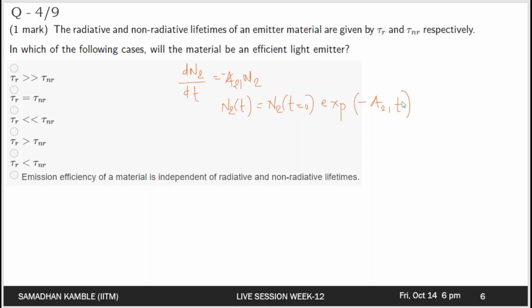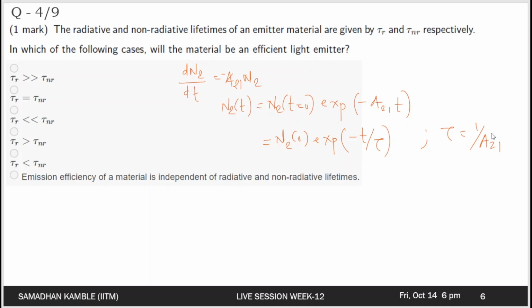If you look at it, we'll immediately recognize that this is similar to the rate equations, the exponential decay equations that we have seen many times. So we could write this simply as N2 naught times the exponential of minus t over tau, where tau is 1 over A21.